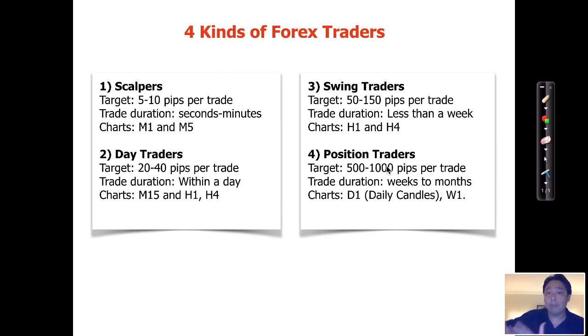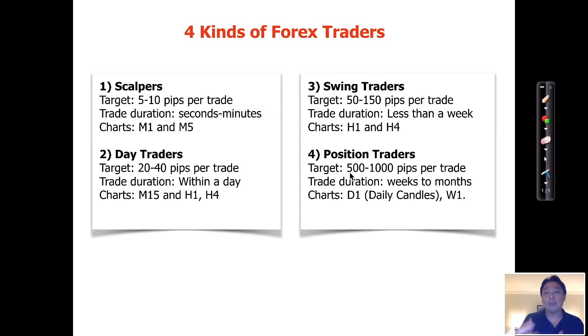They have a long-term view, and normally they will tend to trade based on looking at fundamentals: the underlying health of the economy, what's happening to interest rates and GDP, and they look at the overall big trend. So normally position traders like George Soros, for example, when he enters a trade, will target 500 to 1,000 pips per trade or more.